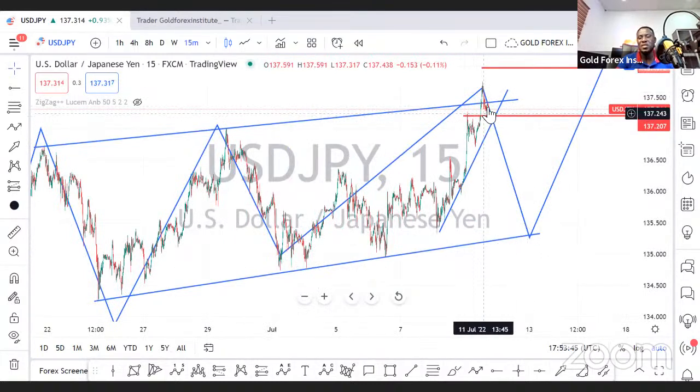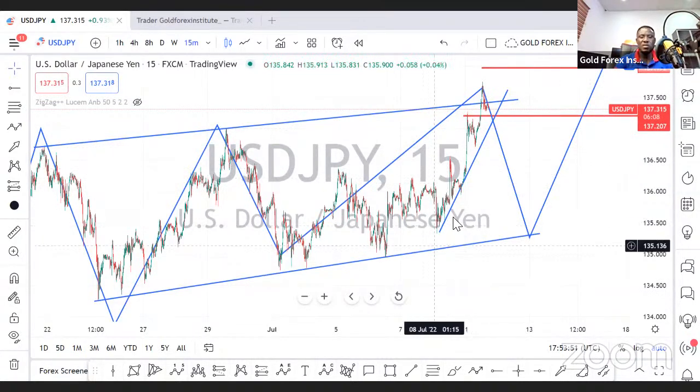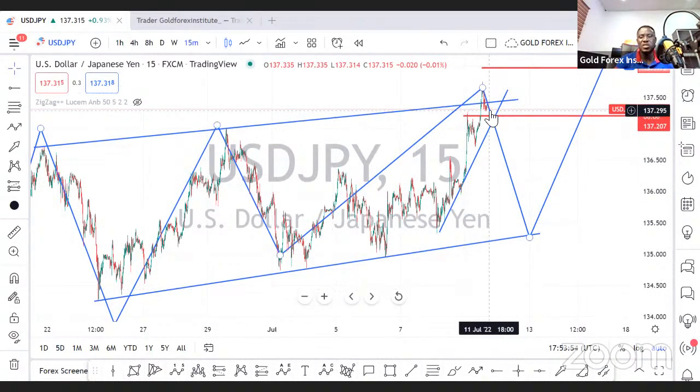But I'm taking the risk. This is a risky trade actually. So if you're entering, just be careful. Don't risk so much. But it's a very good setup that I can leverage on and get a very good risk to reward ratio.